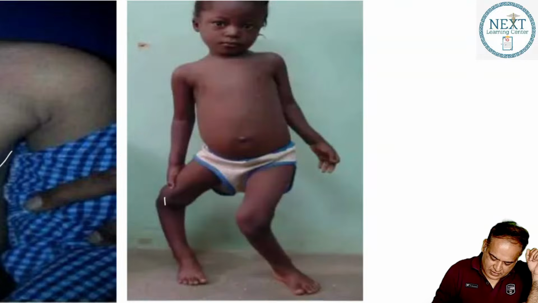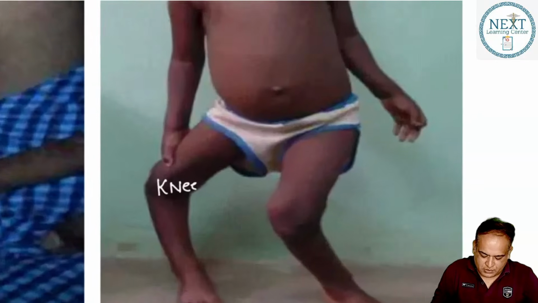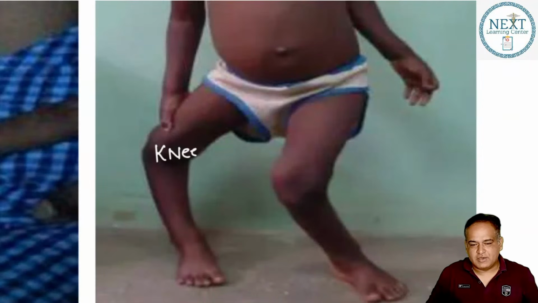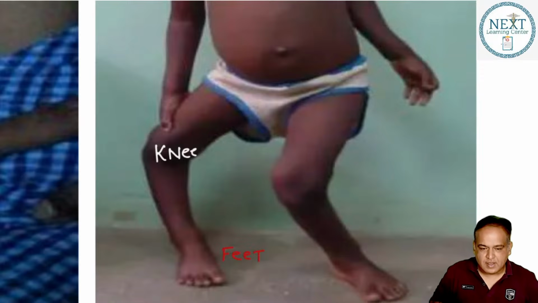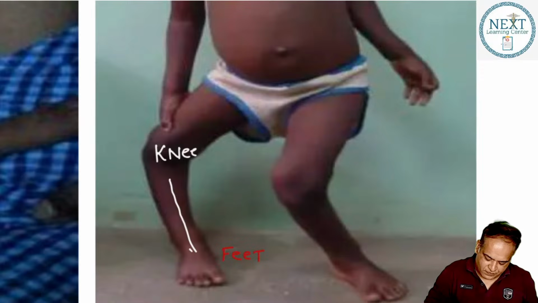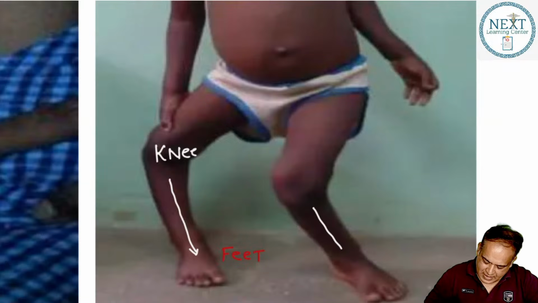Now, what you can see over here. Here you see the knee joint. Now look distal to the knee joint. What structure is present distal to the knee joint? Feet. On the right side, the feet are going towards the midline, but on the left side, the feet are going outward.